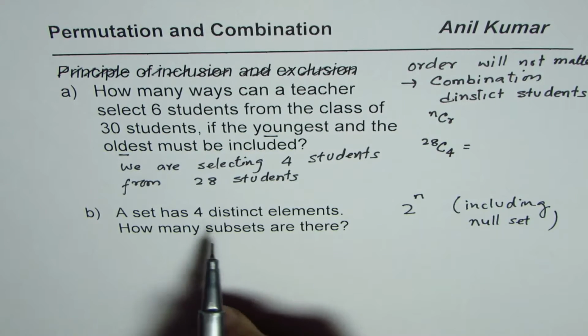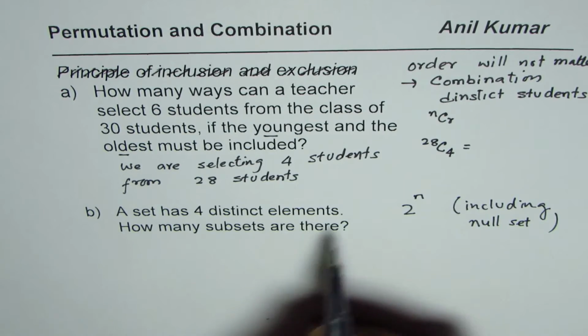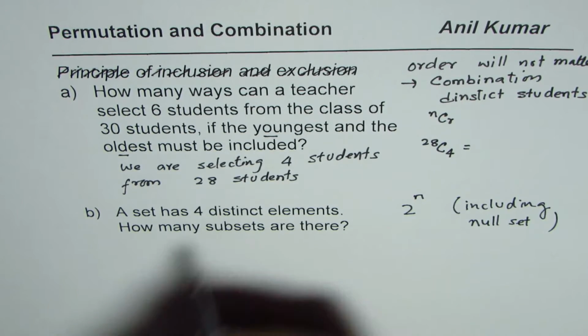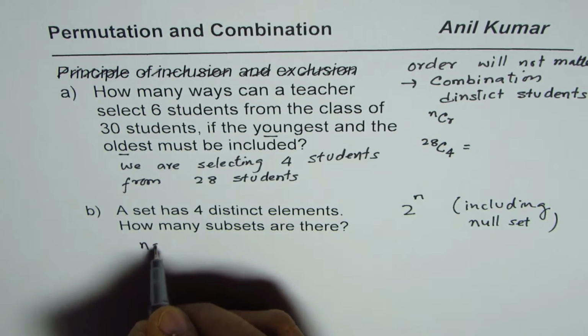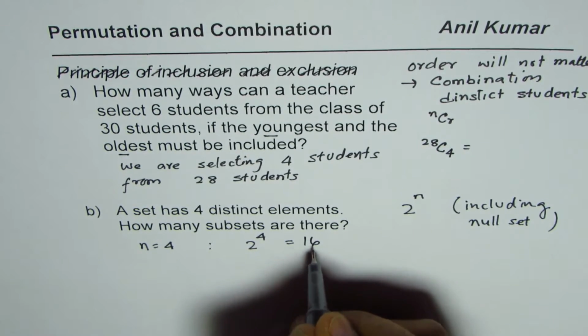Null set means none of those 4. So the answer here, since n equals 4, is 2 to the power of 4, which is 16.